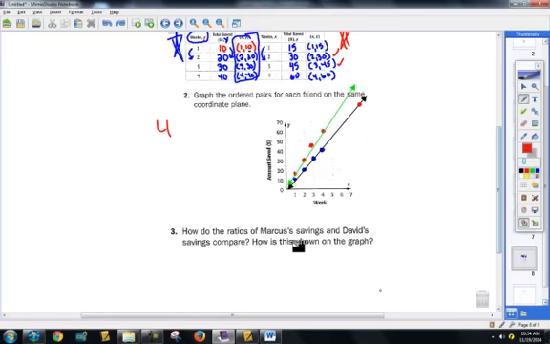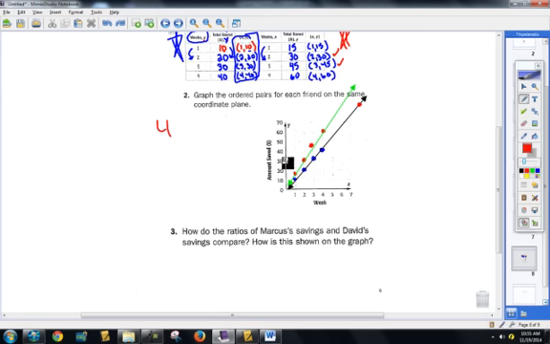How do the ratios of Marcus and David's savings account compare? You can see that each week he's saving a little bit more, and it's going up more each week because he's saving more each week, and he's consistently saving it, I guess is what I'm trying to say.